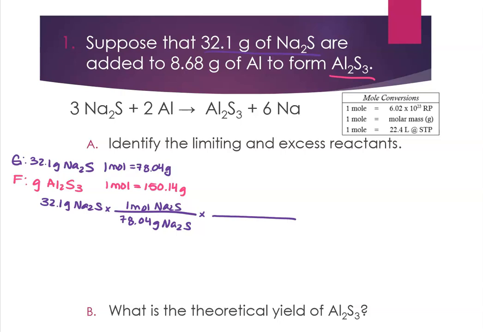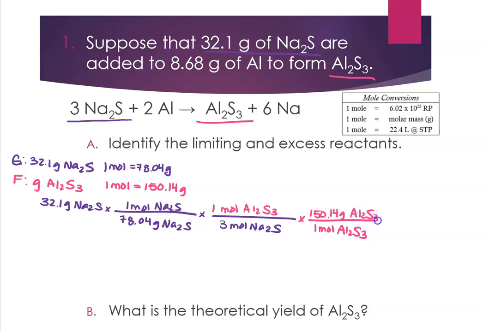Next step is mole ratio. In our equation, I have 3 moles of Na2S, and I'm trying to find Al2S3. Since there's no coefficient, that means I have 1 mole of that. And then lastly, I'm going to convert from moles of Al2S3 into grams, so I multiply by molar mass.